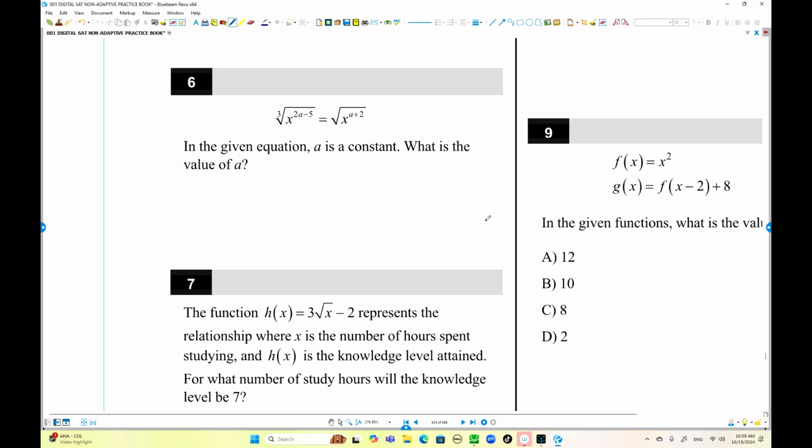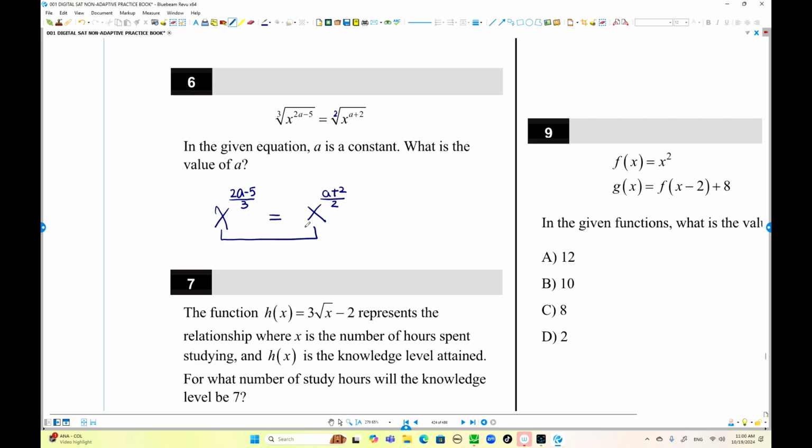Number 6. You have two expressions, but different index numbers. One is 3, the other one is 2. So to find the value of a, we need exponent form. Okay, the first one is x to the (2a minus 5) over 3. The second one is (a plus 2) over 2. They must be equal.